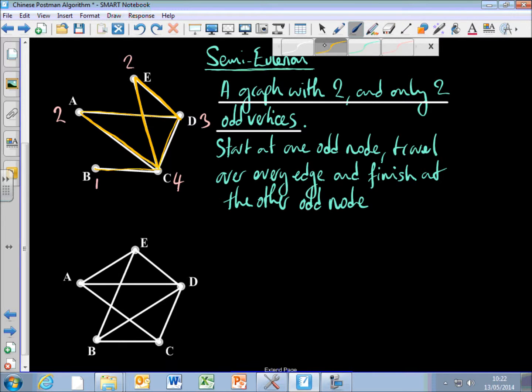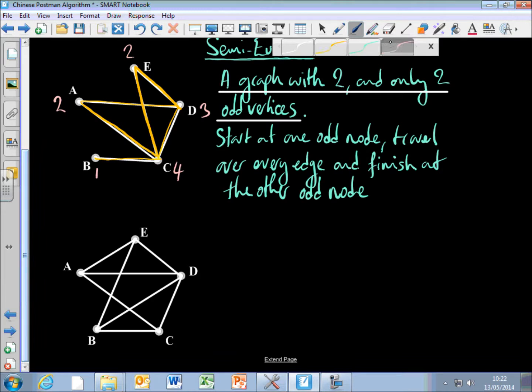Finally, we come to this graph here, and let's just mark the orders on straight away. I've got orders of 3, 3, 4, 3, and 3. And it turns out, in this situation, if I try and go around the network in the same fashion as the other examples, it doesn't matter how I try it, I'll always come unstuck.